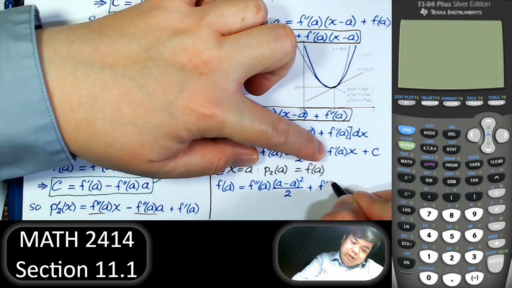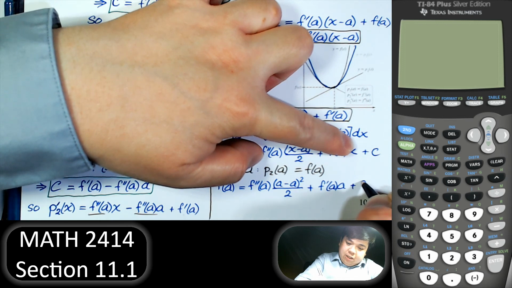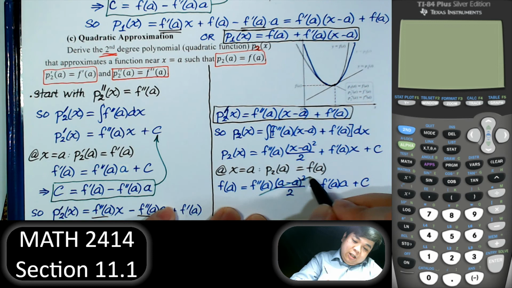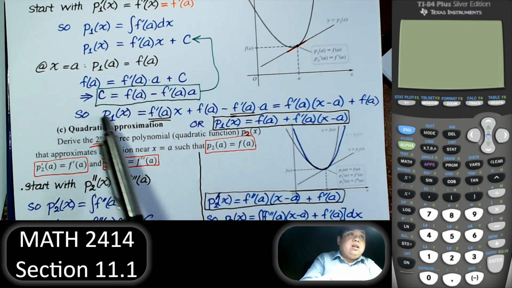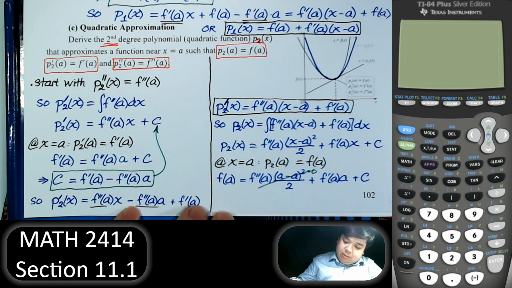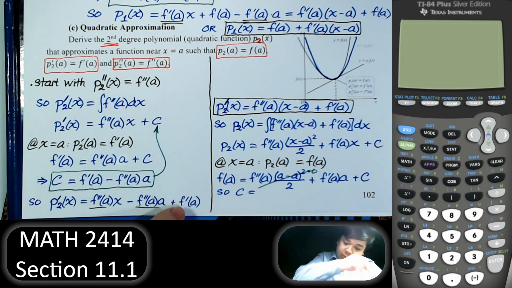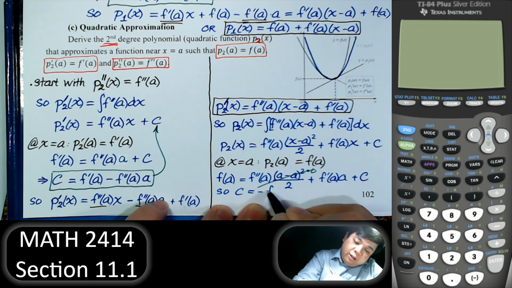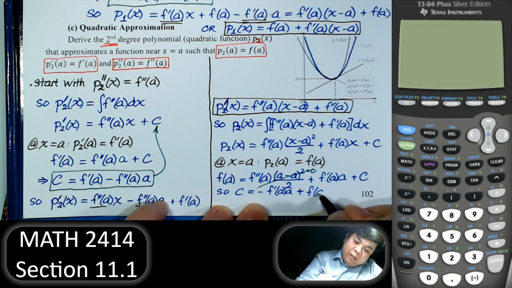And the first derivative at a plus c. Now this a minus a goes to 0. So pretty much c is equal to that. I'm going to write this as negative f prime of a times a. Move that to the other side, then plus f of a.